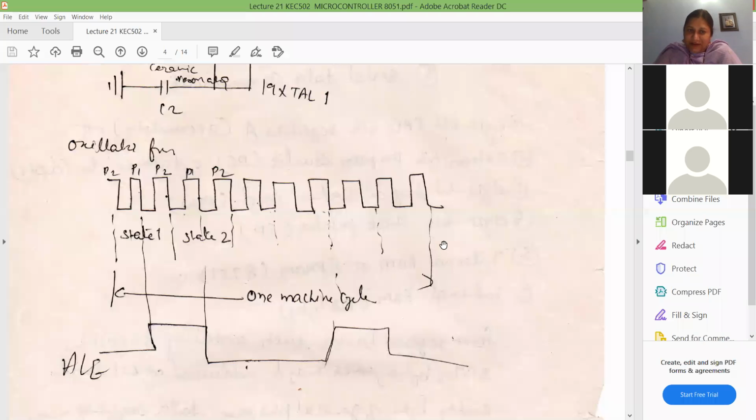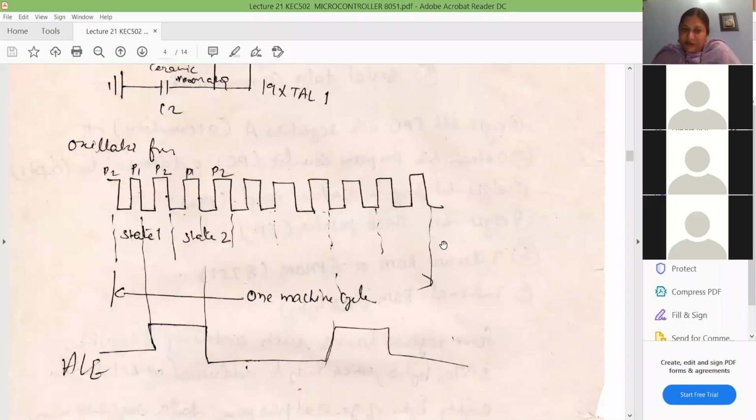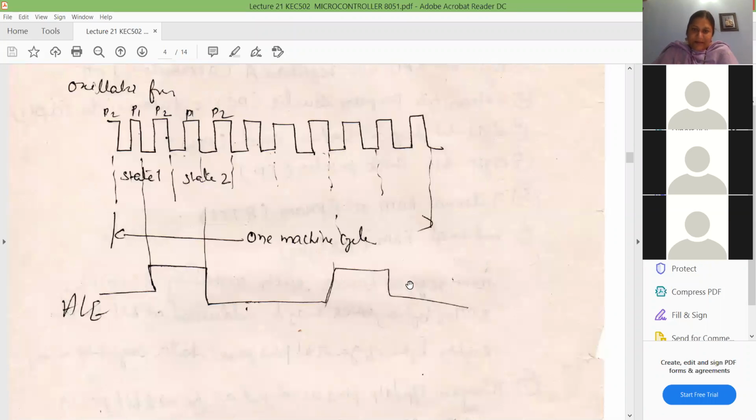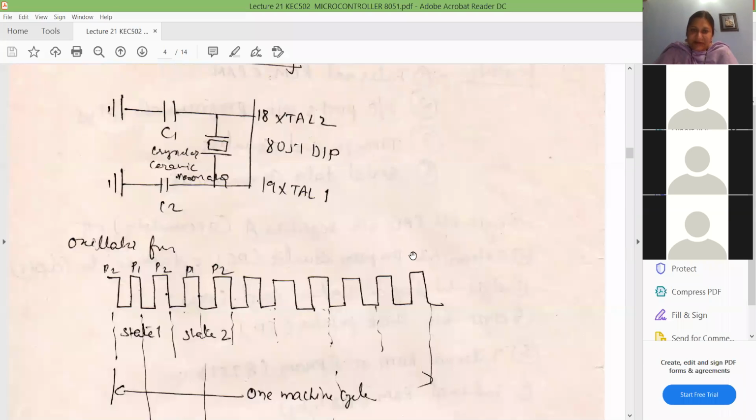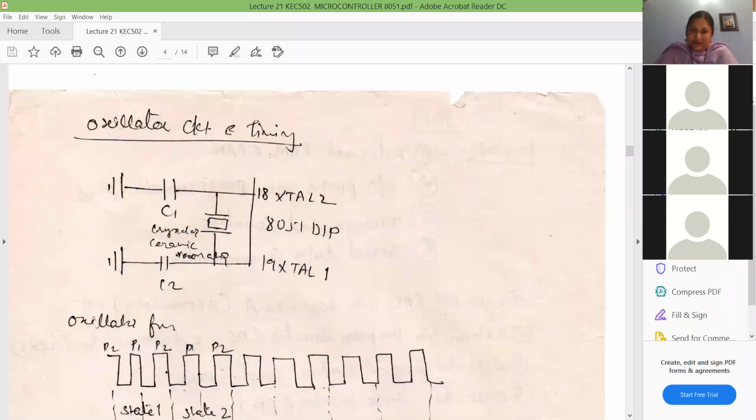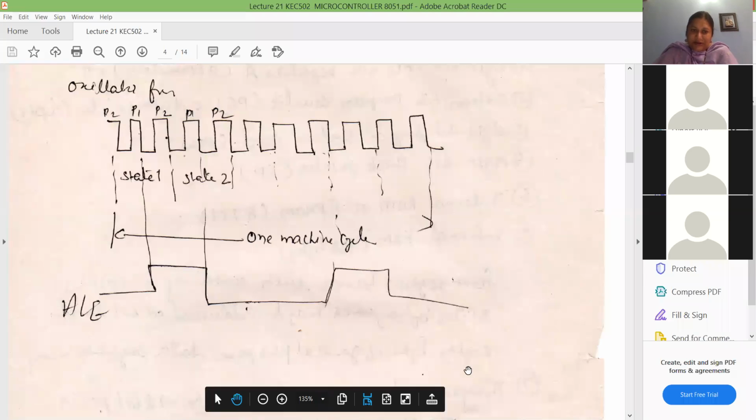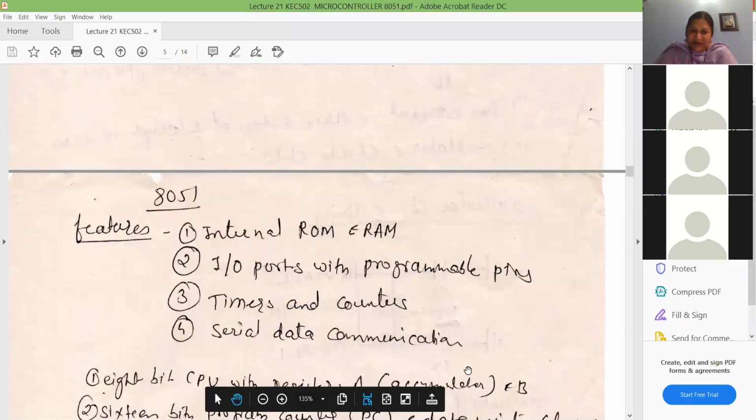So your internal operating frequency will be 1 megahertz, because the circuitry is such that it is divided by 12 inside. In 8085, it was divided by 2. Here it is divided by 12. So this is clear. Operating frequency of 8051, it is divided by 12 inside.